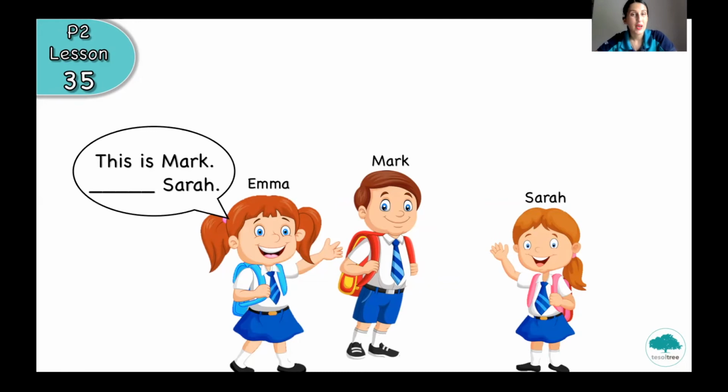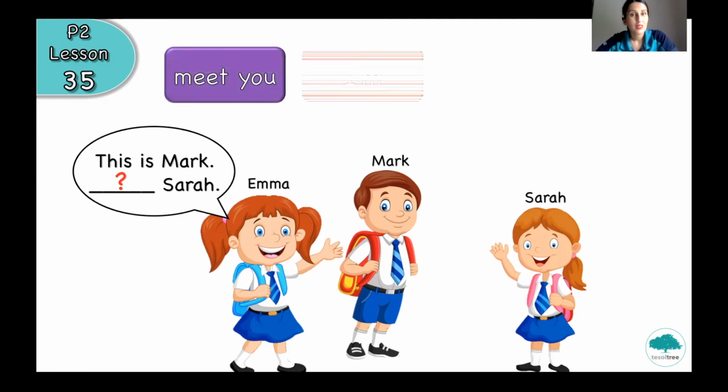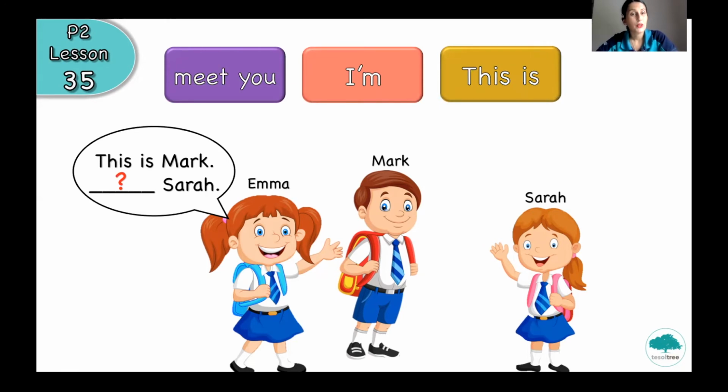So Emma says, this is Mark. Nice to meet you, Sarah. So we have to choose the missing words: meet you, I am, or this is. How do you think, P2, which answer we should choose?